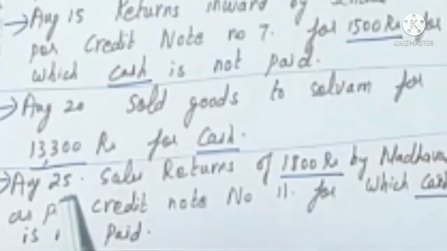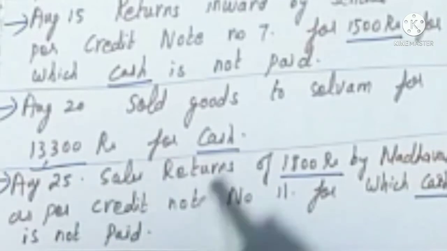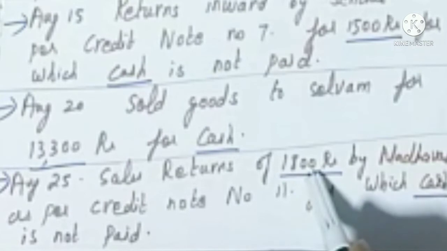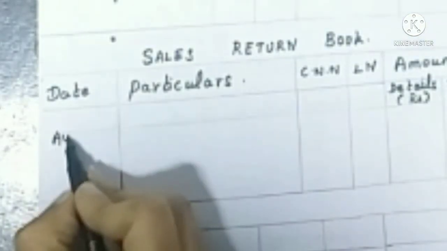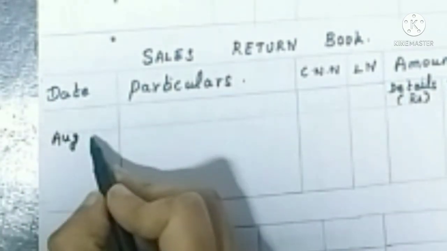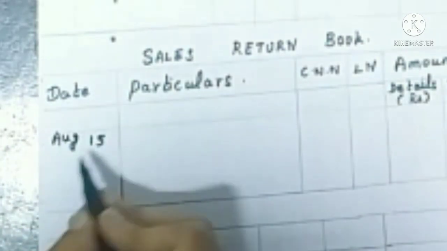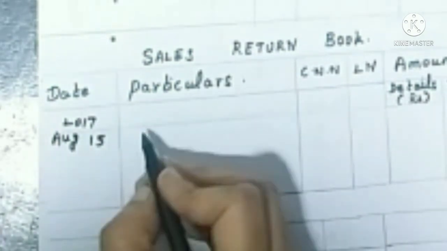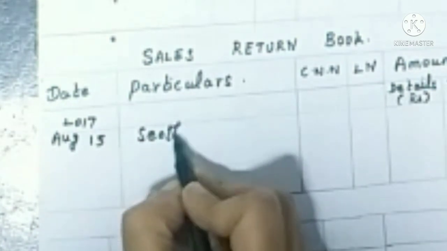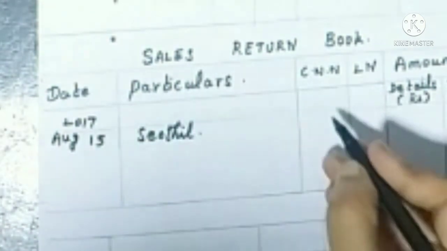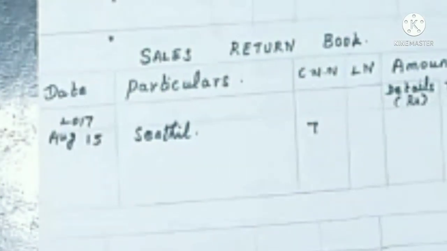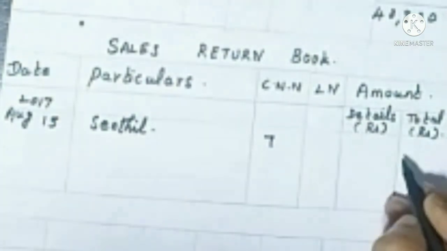The date of the transaction is August 25th. Today credit note number is 11 and the amount is rupees 1,800. So on August 15, year is 2017, goods are returned by Sendil. Credit note number is 7. Amount is rupees 1,500.